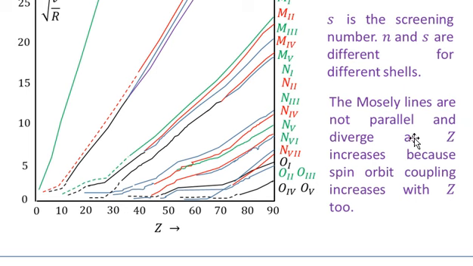Moseley lines are not parallel and diverge out as Z increases, because spin orbit coupling increases with Z value too.